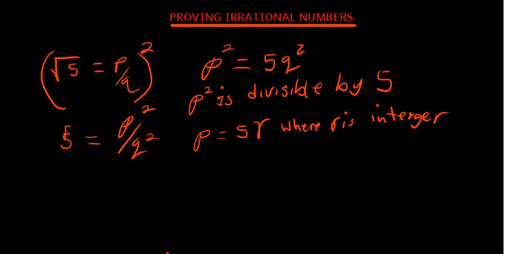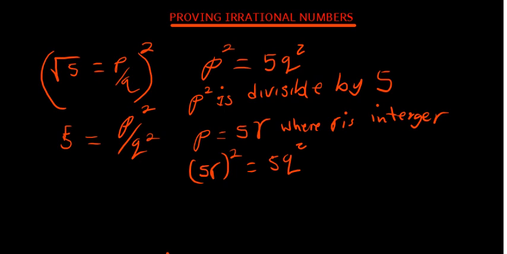So you are going to replace where there is p, you put 5r. So we are going to say 5r, then you square it, equal to 5q squared.